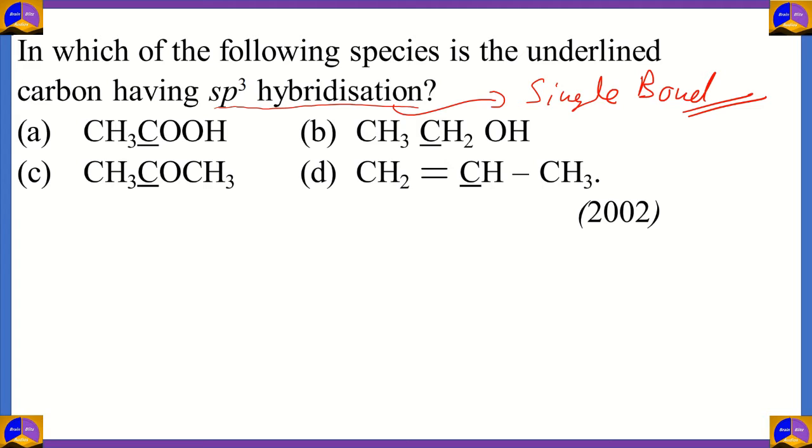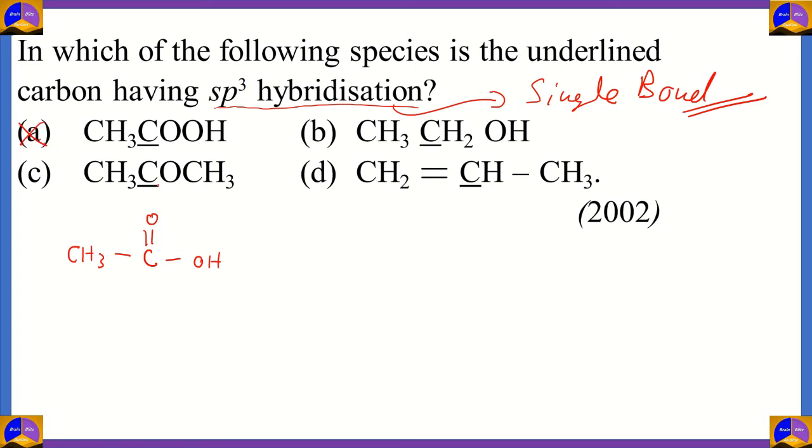Otherwise it doesn't. So in option A we have acetic acid, and they're showing the carbon that is attached to the oxygen. Acetic acid is CH3, then C, then double bond O and OH. As you can see, there is a double bond present here. So that carbon is not sp3 hybridized, so option A is incorrect.